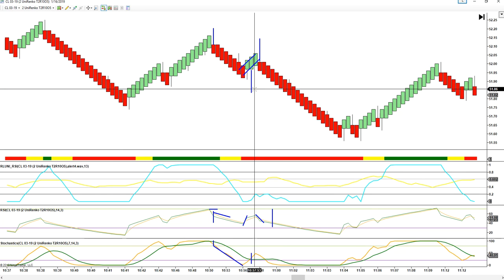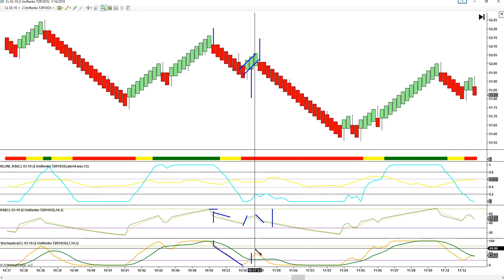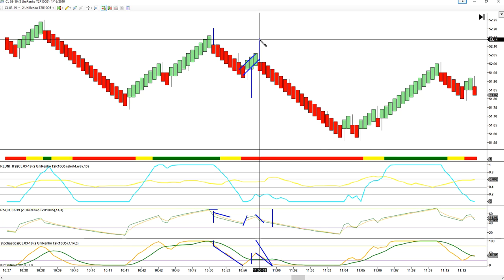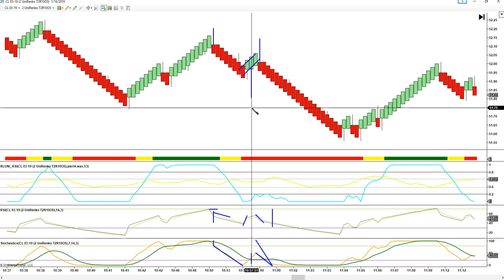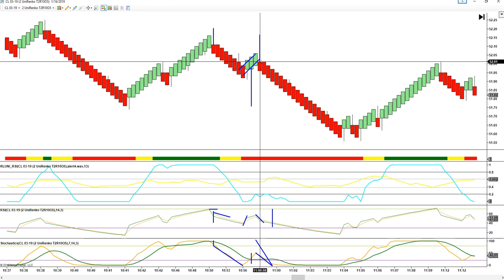And that's something you don't want. That's going to give you a loser. And then on the cross back down, it doesn't come from overbought down, and you can't get back into this trade. I hope that's clear. It signals you long, and then it doesn't signal you back short.